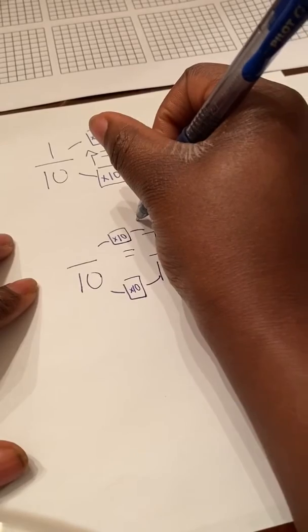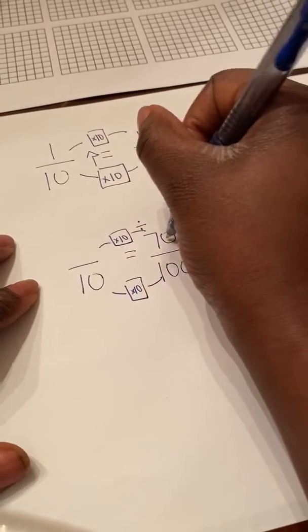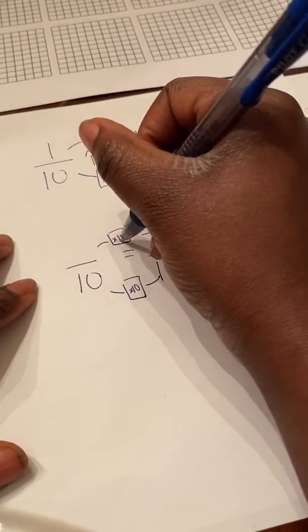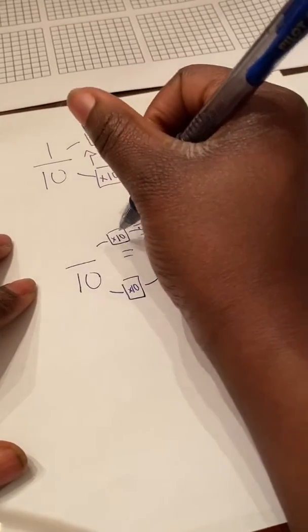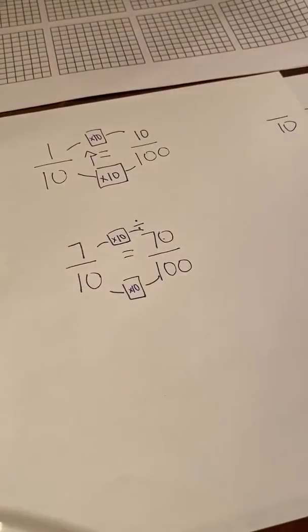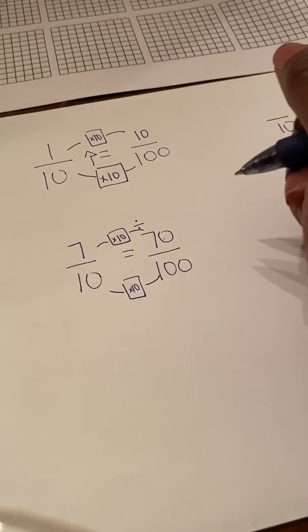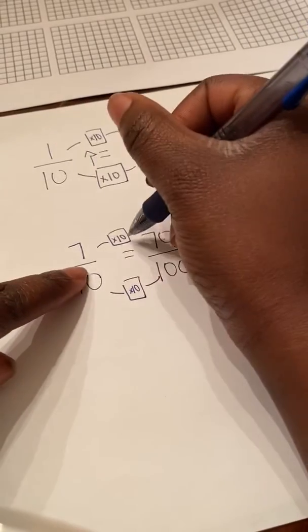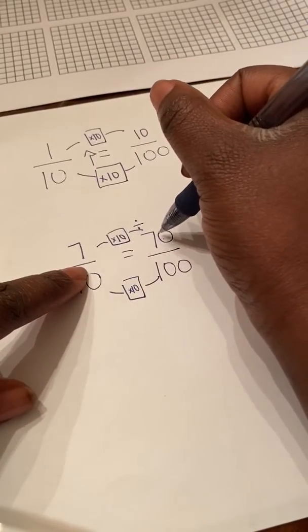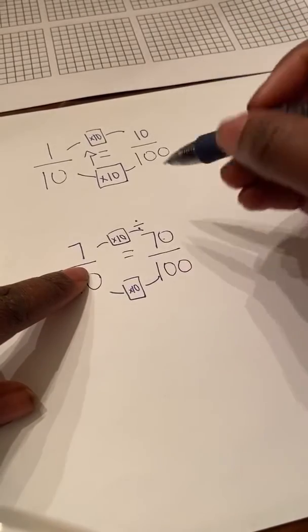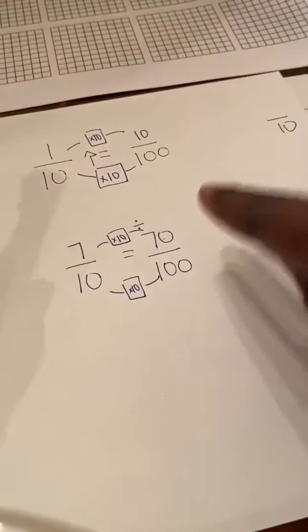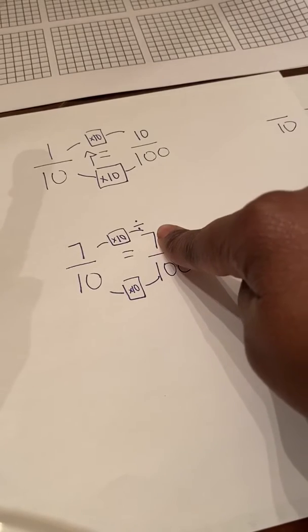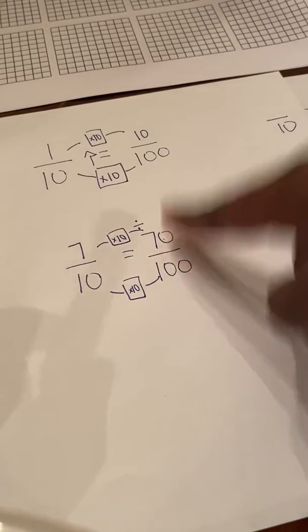But I'm going to have to use the inverse over here a little bit. 70 divided by 10 is going to be 7. Small little trick I use whenever you're multiplying or dividing by 10: in order to multiply by 10, you add a 0, and when you're dividing by 10, you take that 0 away. So 70 divided by 10, take that 0 away. Magic. Oh, it's 7. Okay, so 7/10.